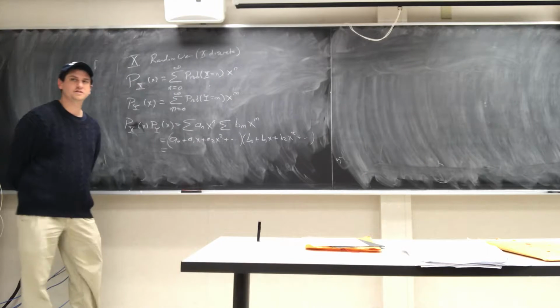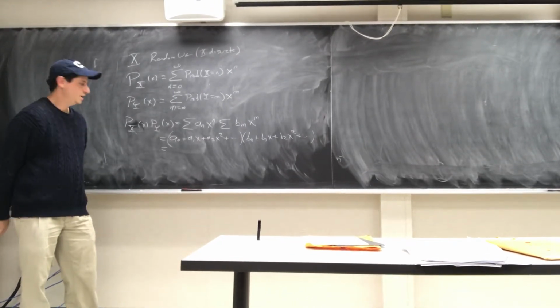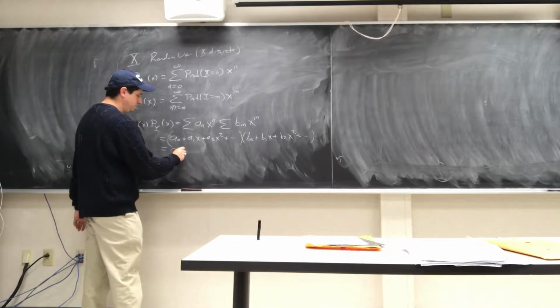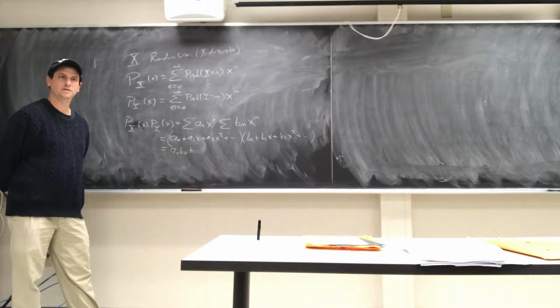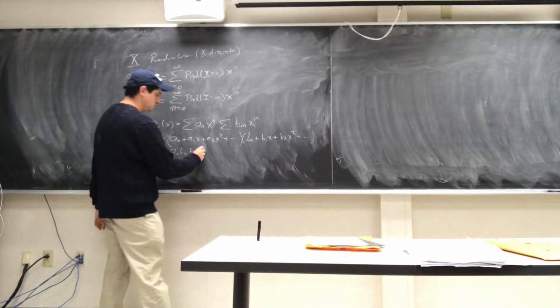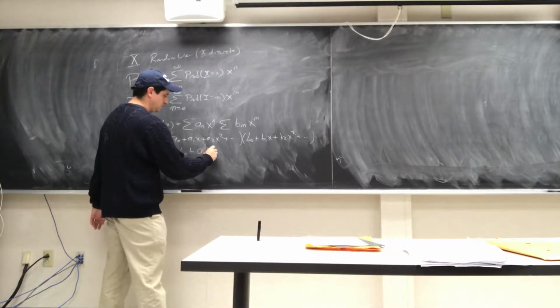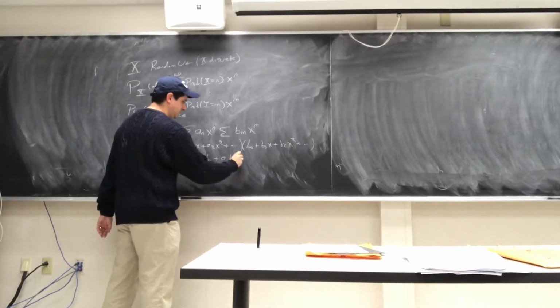How can I get a constant term? a0 b0. That's the only way. How can I get an x term? a0 b1 x, b0 a1 x. Good. (a0 b1 plus a1 b0) times x.